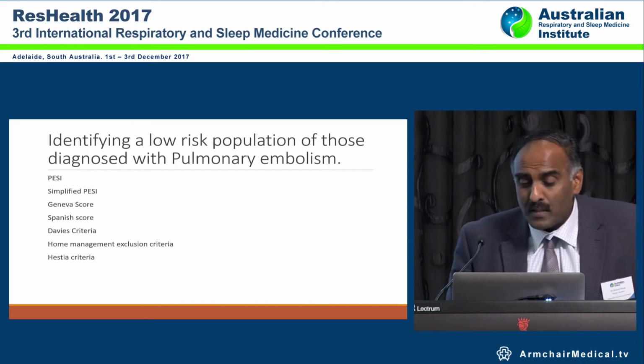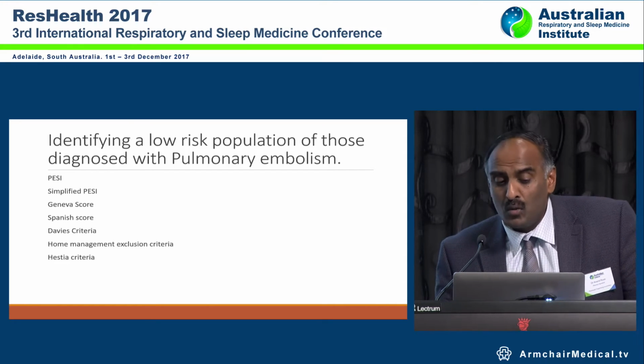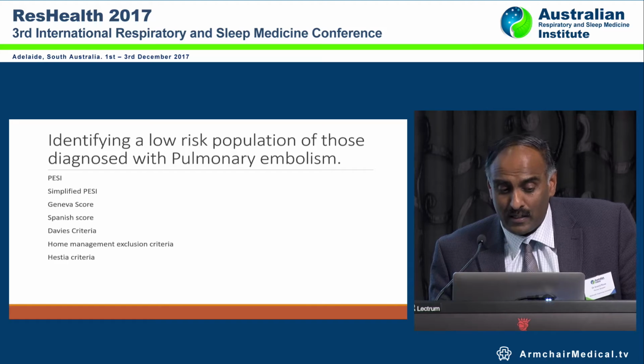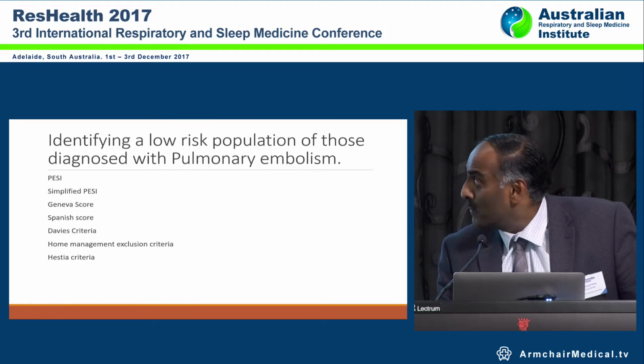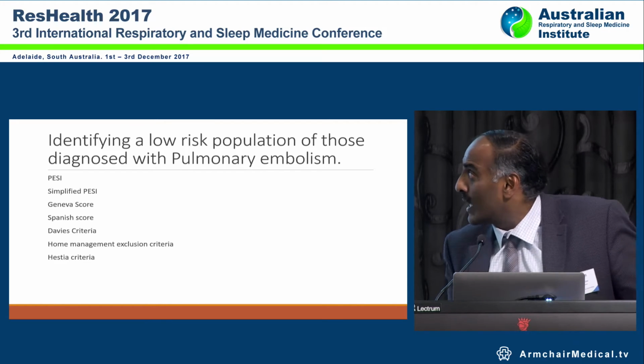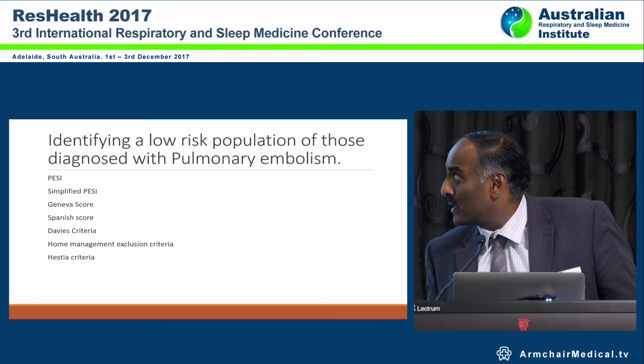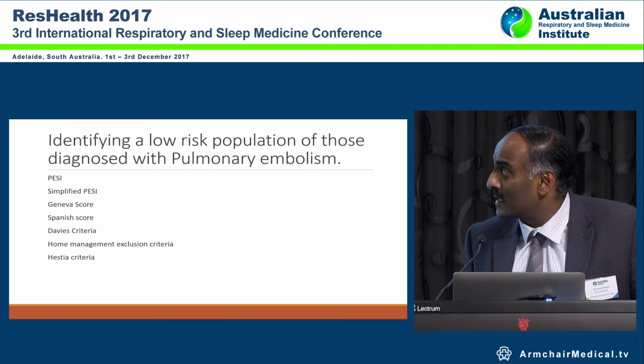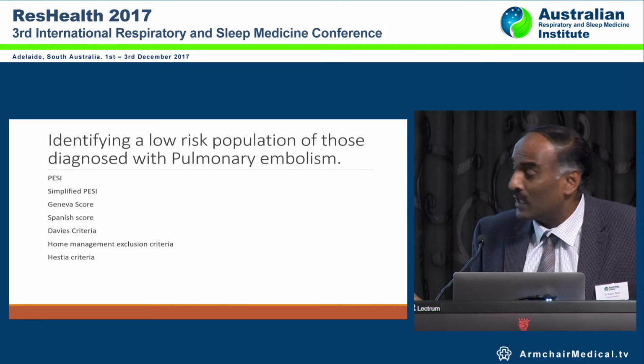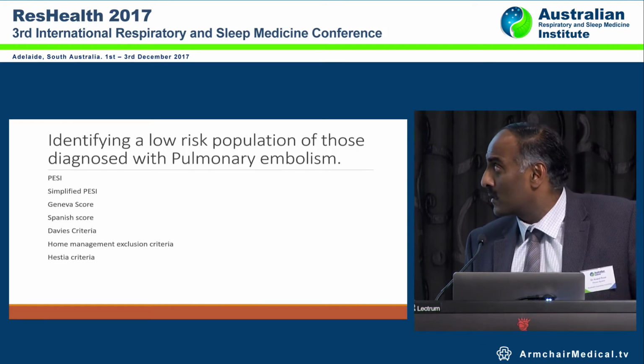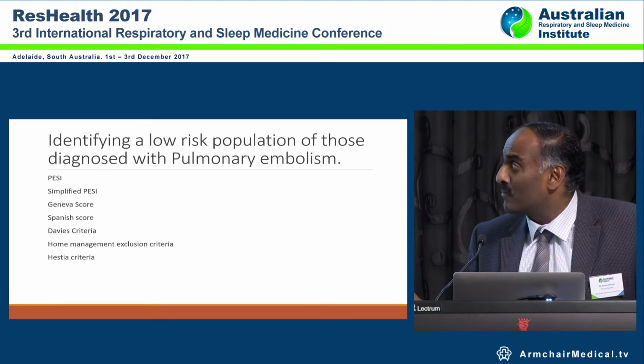So the low-risk population, as you all know, there are numerous tools available in clinical practice. The PESI score, the pulmonary embolism severity index, the simplified PESI, the Geneva score, which is used for diagnosis, actually there is some evidence to suggest it can predict risk.